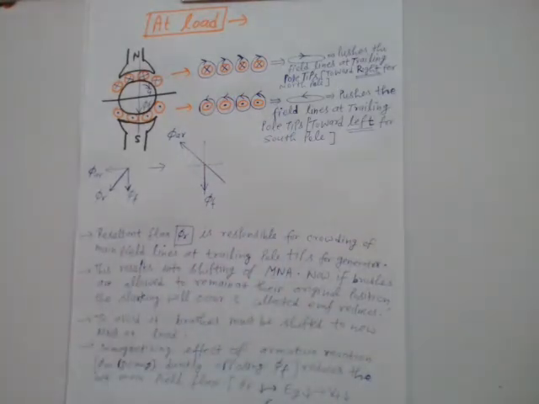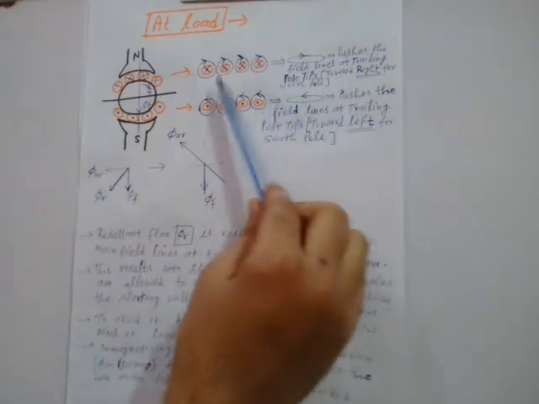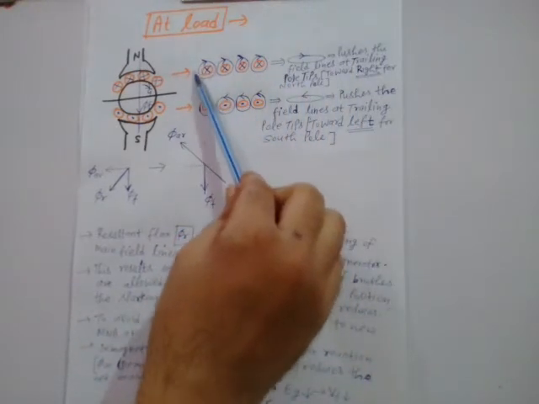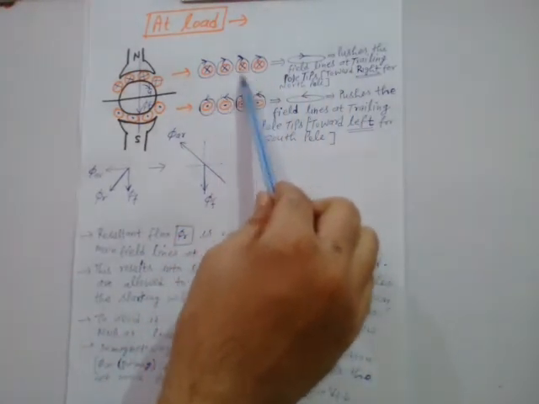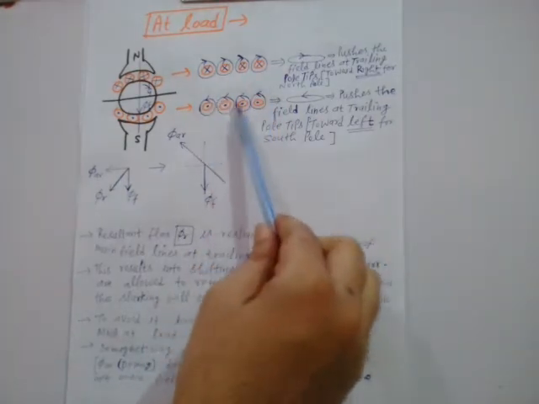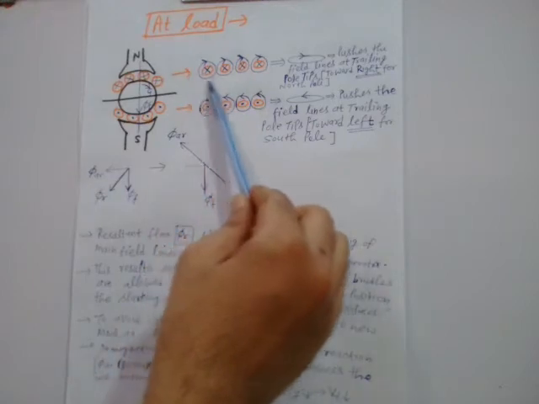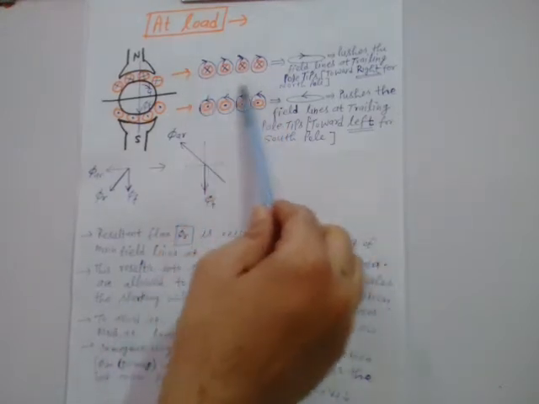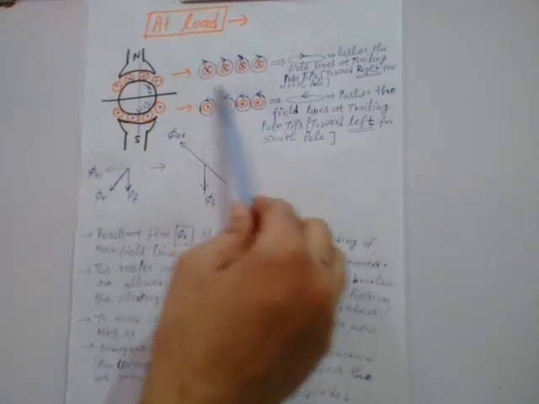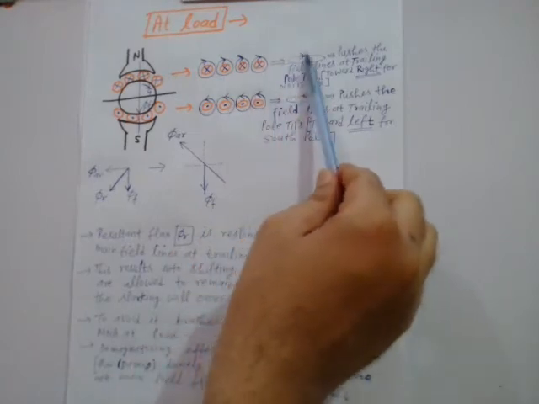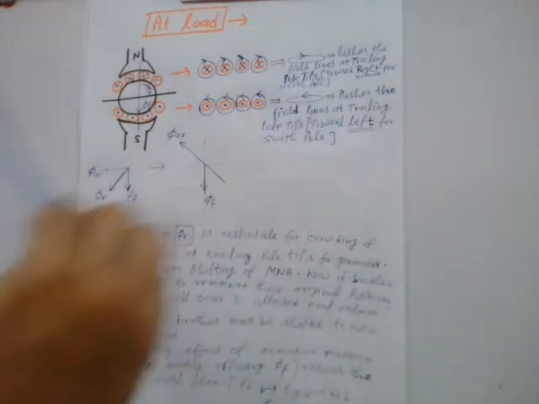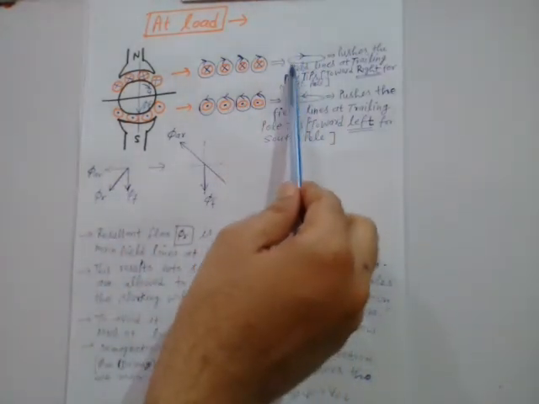That's how you can understand it. So due to this cross, the field will be clockwise, right, and due to this dot, the field will be anti-clockwise. If you take the combined effect of all these four conductors, this will be clockwise like this, as shown by this arrow.